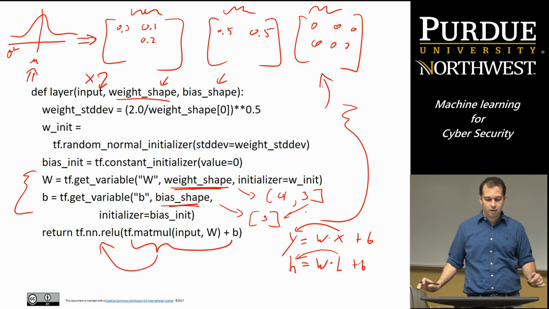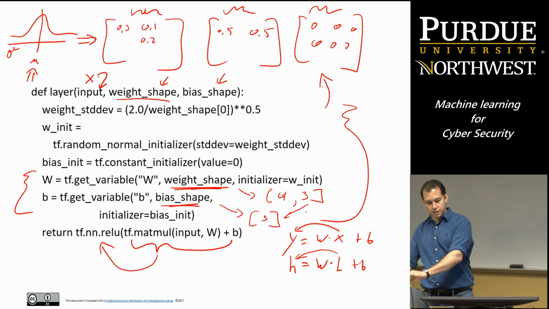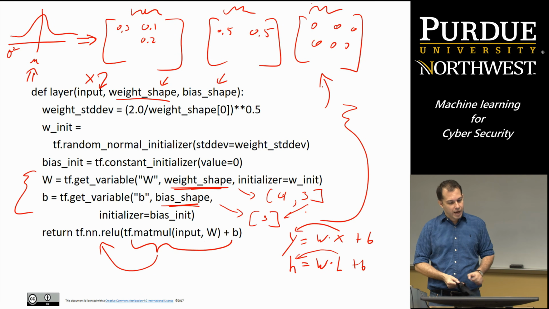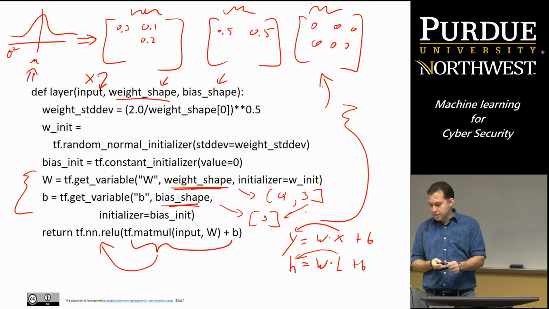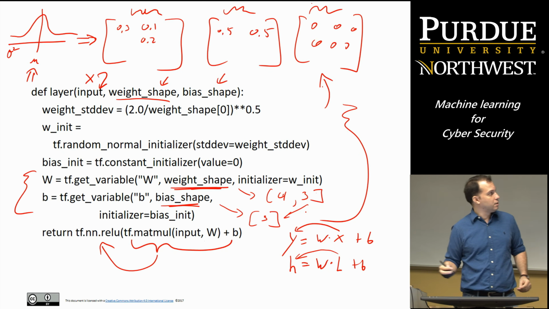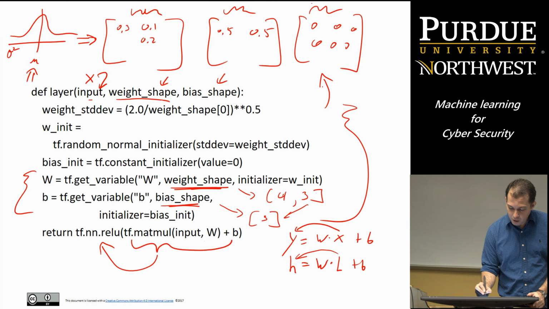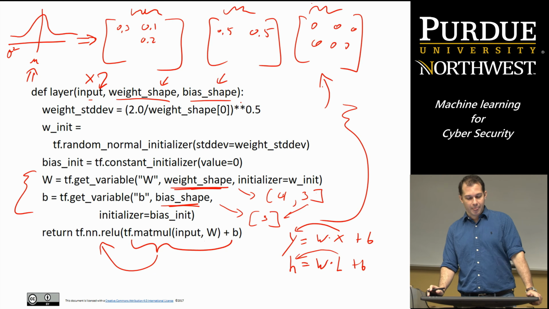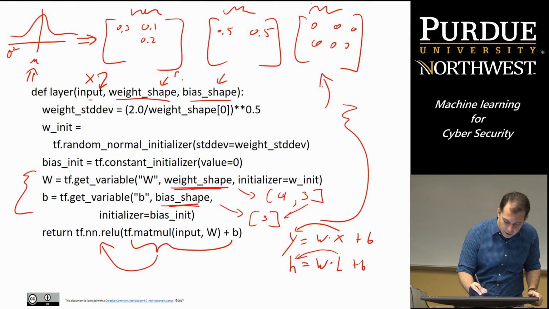So the first layer and the second layer. So basically these parameters indicate we have our input, our weight shape, and our bias shape. Here these are going to be lists. So this is where we would plug in 4, 3, and 3.